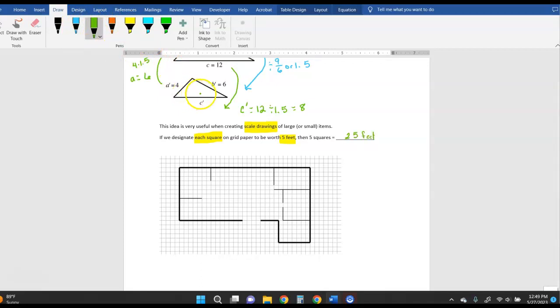So anytime we're looking at scaling, whether it's scale drawings or even maps, we do this a lot. So if we count how many squares we have here, 1, 2, 3, 4, 5, 6, 7. So if this was the side of a room, this would be 35 feet. Remember that one line represents feet, 2 lines represents inches.